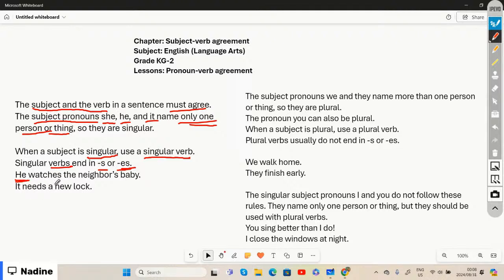So watches. It would have been watch, but because the subject, which is singular, is agreeing with the verb that is singular, we're adding es over here. So he watches. And that is a singular pronoun.